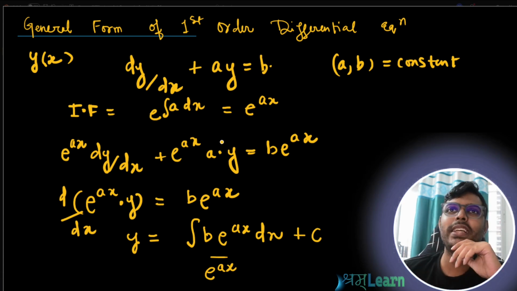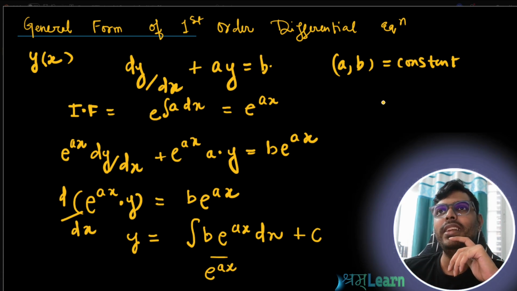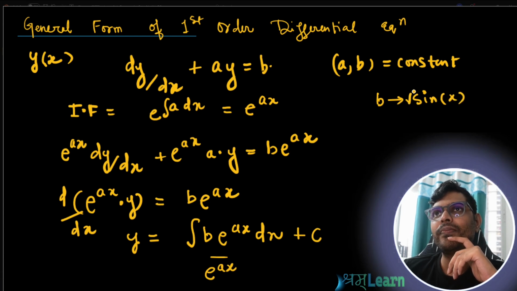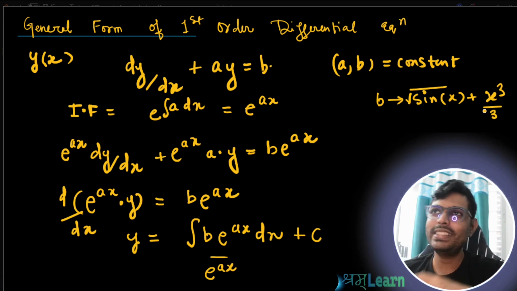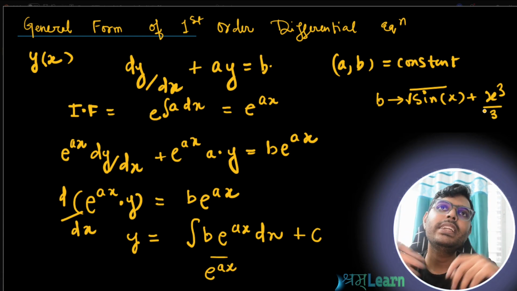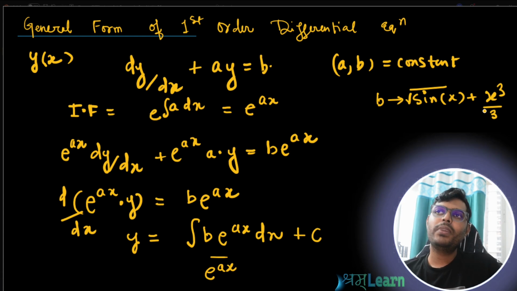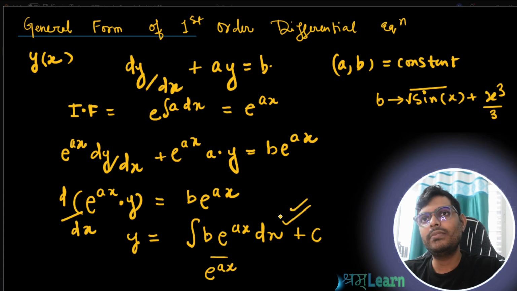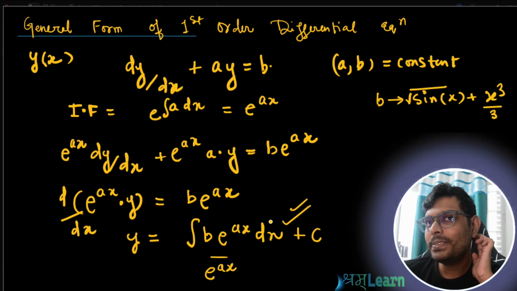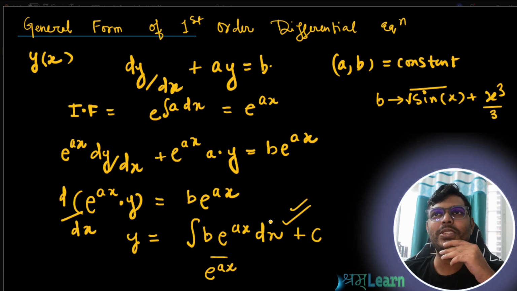Okay, so in place of b, if I replace b by, let's say, root sin x plus x cubed by 3, so the whole integration is going to get really complicated, and we will not get insight into what this thing is. Okay, because the function has become very complicated, we can still apply this method, it is applicable, but the thing is you cannot solve it by hand.